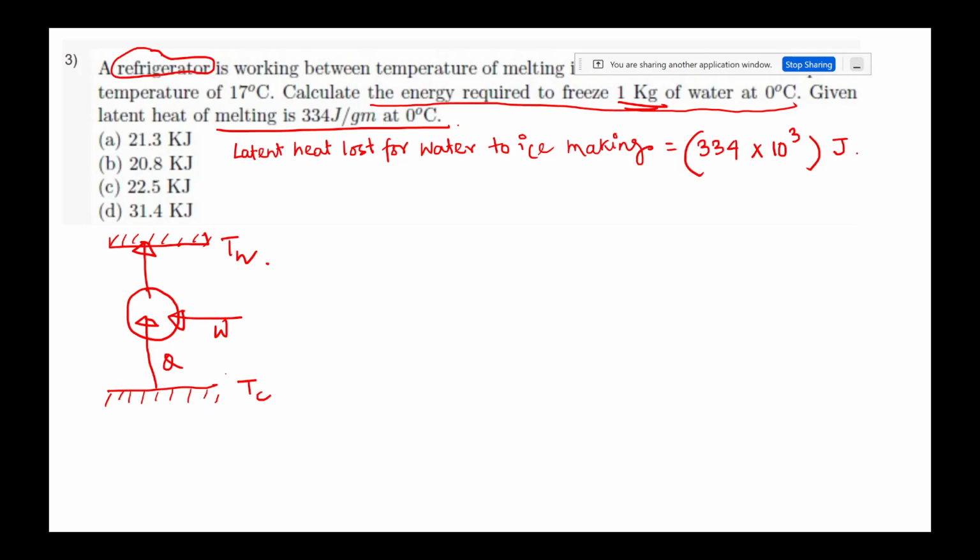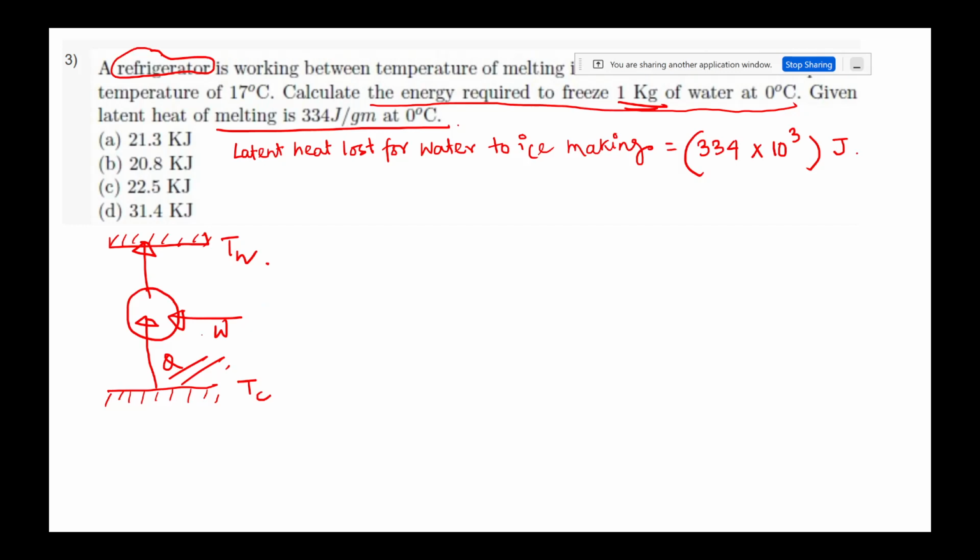This is the diagram for a refrigerator. Now for forming of ice, we have to reject this amount. By doing some mechanical work, we have to first eject this amount of heat.